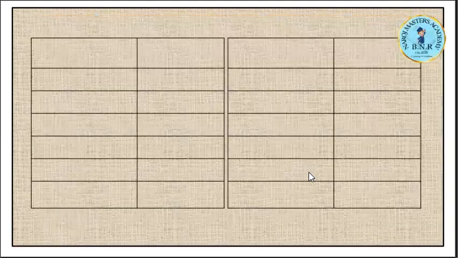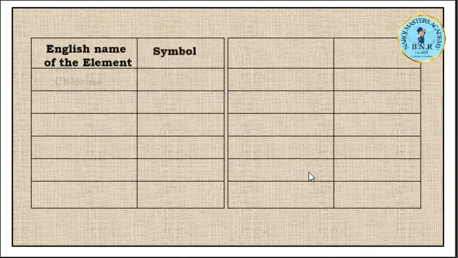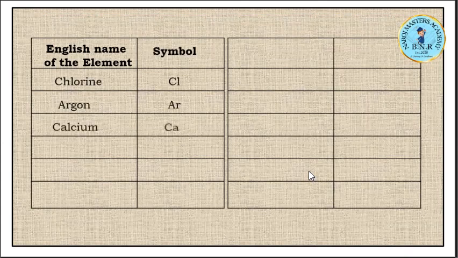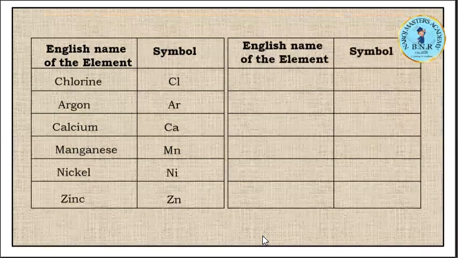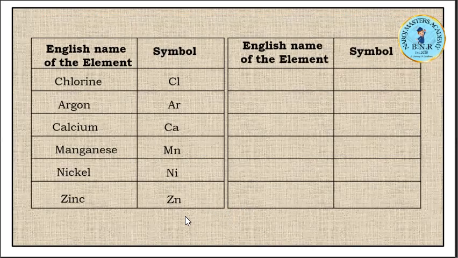Very, very important. Now, if you notice here, a few more elements are there with their symbols. Chlorine, Cl; argon, Ar; calcium, Ca; magnesium, Mg; manganese, Mn; nickel, Ni; and then zinc, Zn, not Zi. Very, very important. Zi is not zinc here, Zn is zinc.